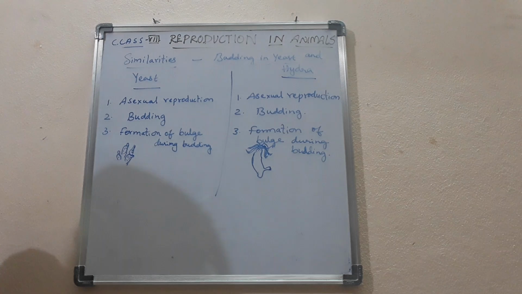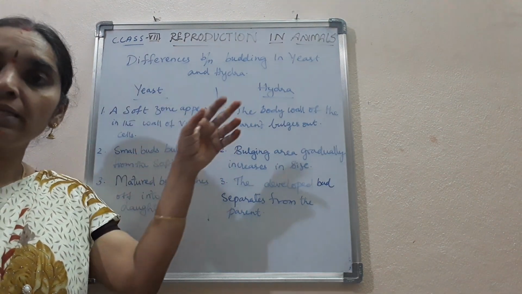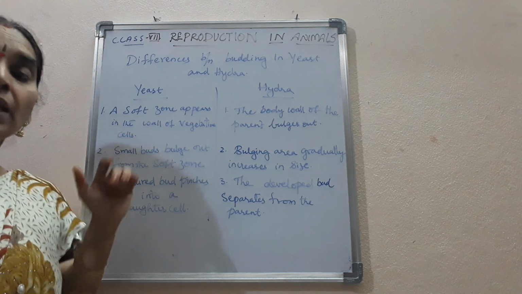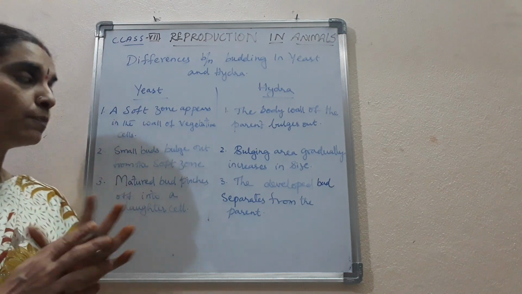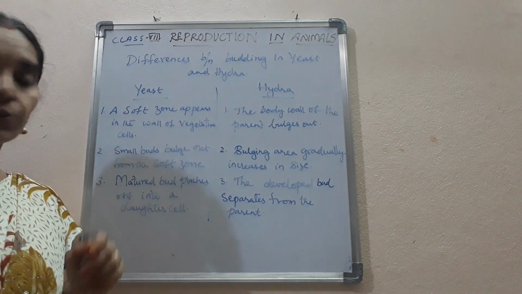Okay? Note down. These are the differences between the budding in yeast and hydra. In yeast, a small soft zone appears in the wall of the vegetative cell.